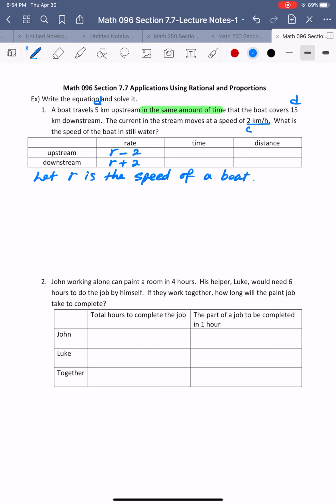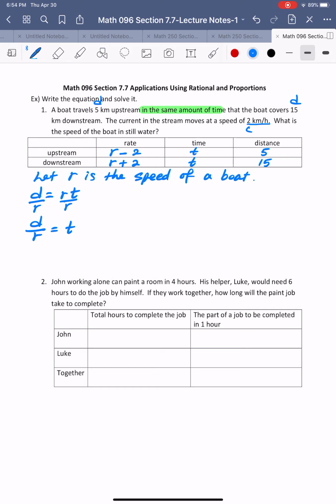At the same time, we can say t for the time because we don't know it. It didn't say 1 hour or 2 hours, it's just the same time. The distance upstream is only 5 kilometers and downstream is 15 kilometers. Now I'm using the distance formula: distance is equal to r times t. Solving for t, divide by r on both sides, so d over r is the same as t.